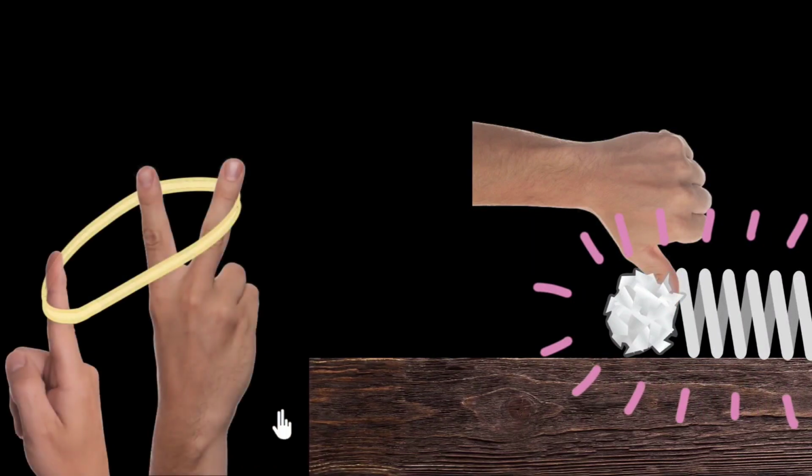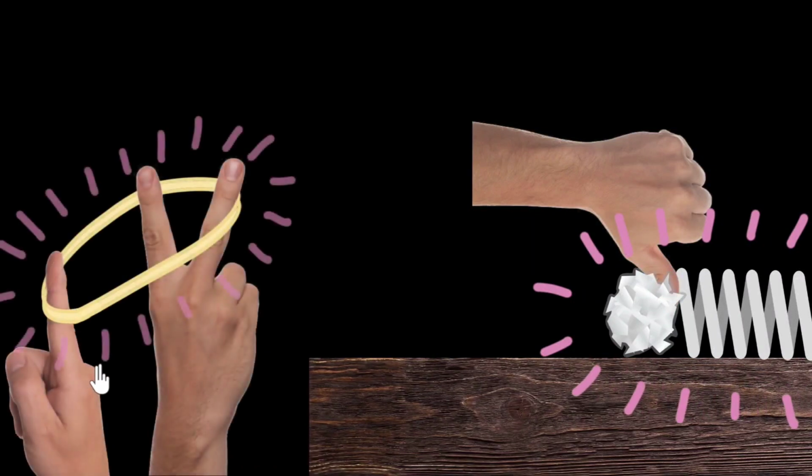That means this compressed spring has capacity to do work. It has energy. Notice that the spring is not moving, yet it has energy. Similarly, if you take a stretched rubber band, that should also have energy because even that can shoot a paper ball and do work on it.